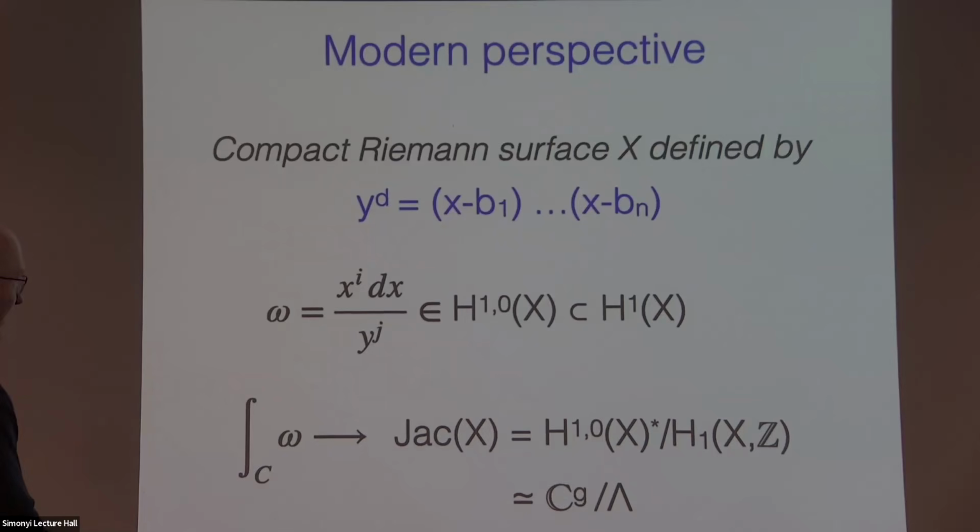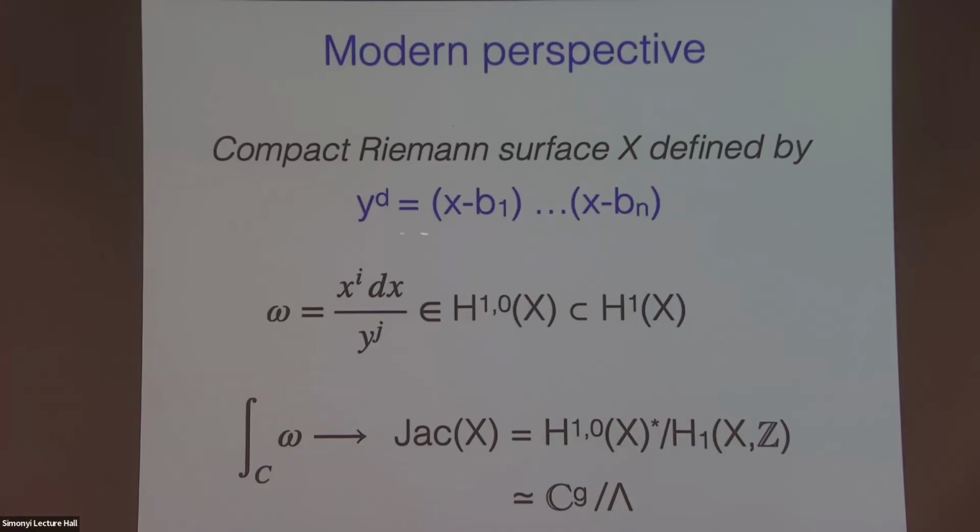So the result is a complex torus, and it plays a central role in the Abel-Jacobi theorem, which predicts which divisors are principal divisors. So the whole modern theory of transcendental algebraic geometry, at least in the case of curves, is implicit or explicit in this seminal paper of Abel.